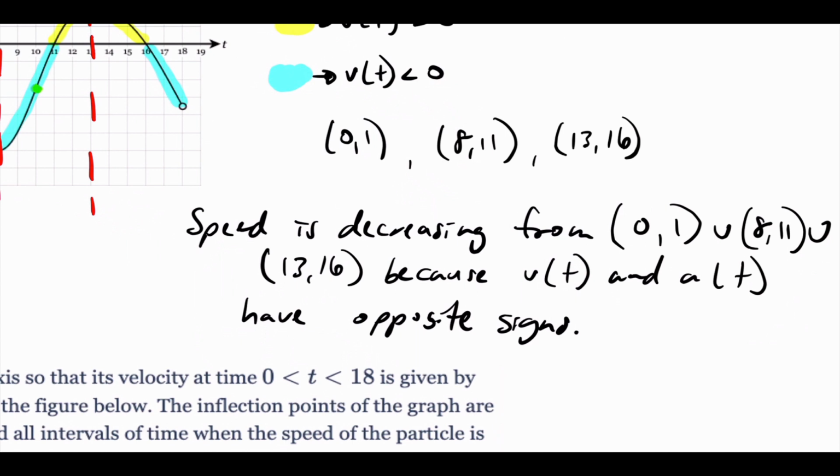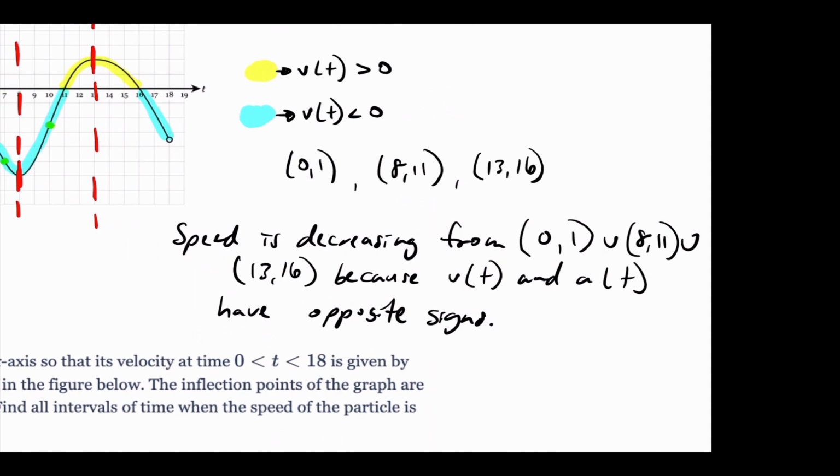Okay. We'll stop there for today. Speed is decreasing in those three areas because velocity and acceleration have different signs. Okay? All right. We'll finish this tomorrow.